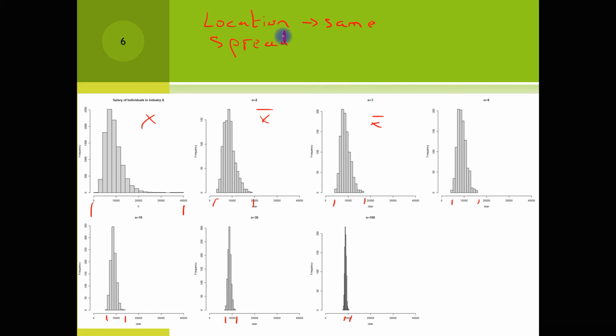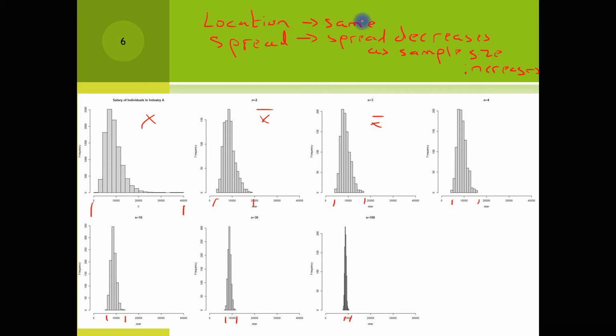So we can see that the next observation is that spread decreases as sample size increases. Look at this well.